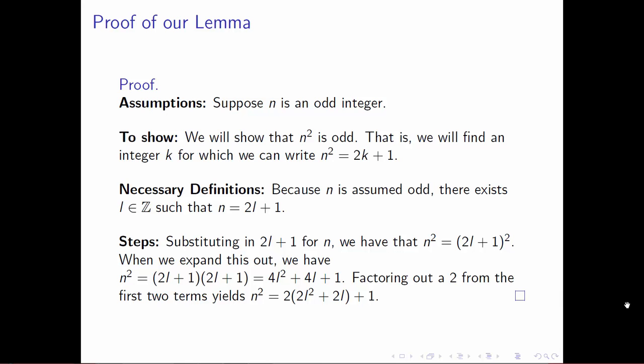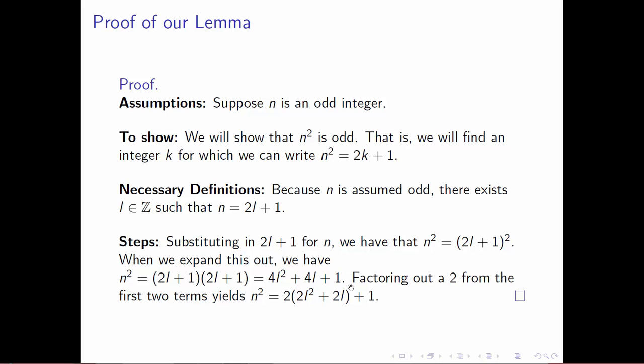So note that I could have factored out a 4l from each term if I was factoring out the greatest common divisor that I know for certain, but that wouldn't be particularly helpful to me. Writing n squared as 4l times the quantity l plus 1, although I can do that, it's not particularly helpful for where I want to get, because it doesn't stress that n squared can be written as 2 times something plus 1 per se.